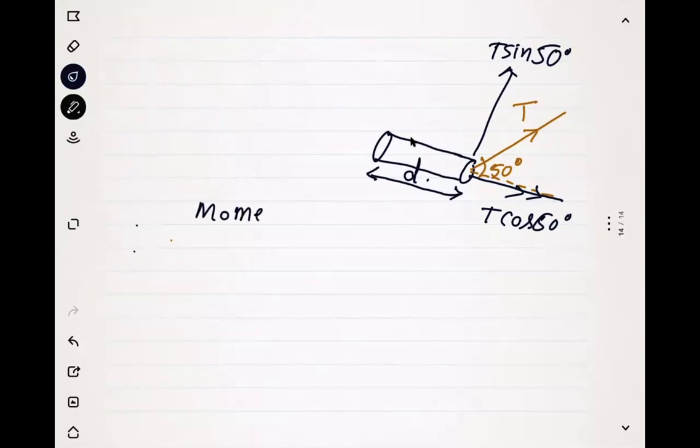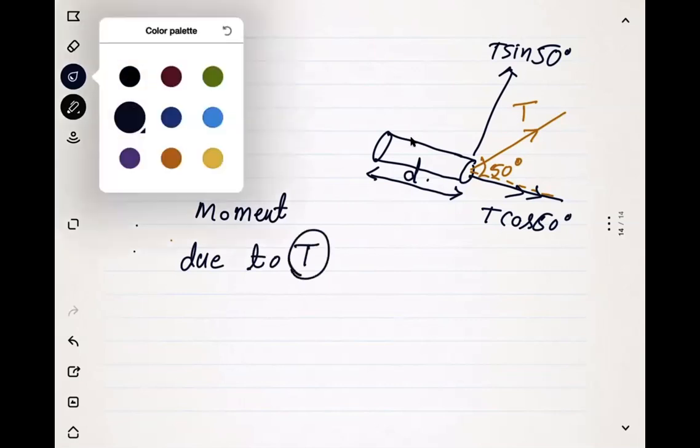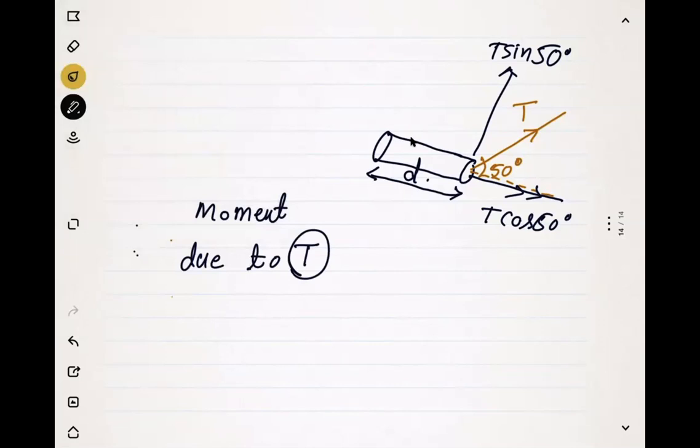So for the moment due to T, if you want to calculate that, then T must be resolved. If we resolve T into its components, the two components are T cos 50 and T sin 50 if the angle is 50 degrees. Yet T cos 50, which is along the distance, is to be ignored. The one that is perpendicular is to be taken.